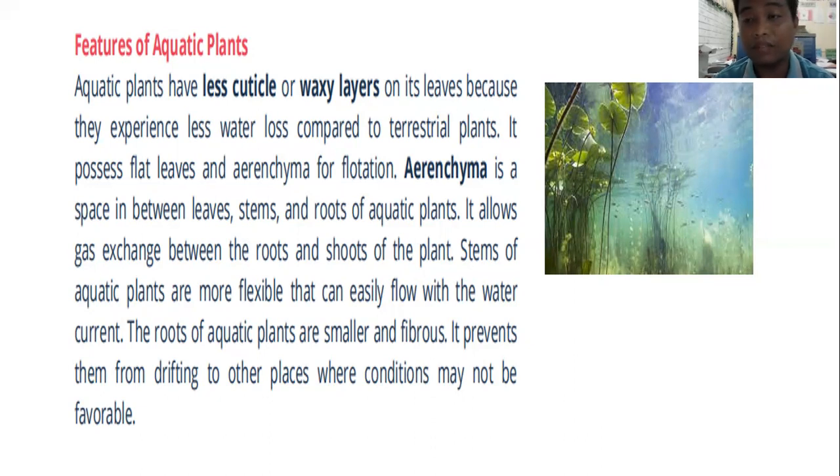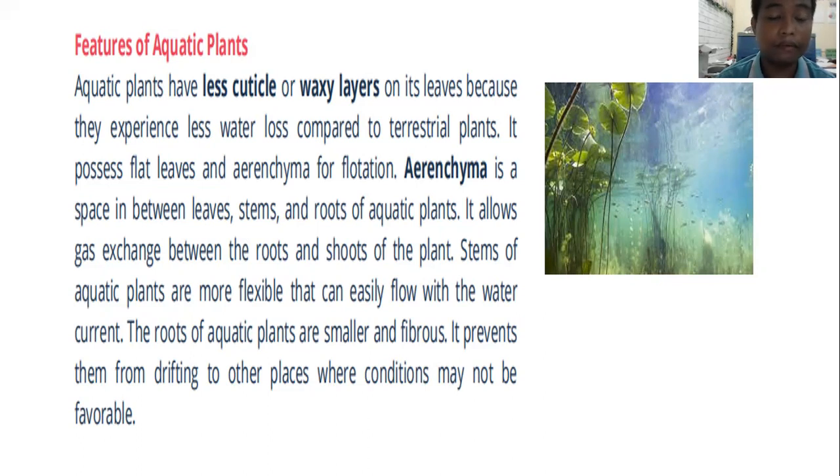So that is one of the reasons why these aquatic plants can survive sa tubig. Okay, the roots of aquatic plants are smaller and fibrous, gagmay na fibrous. It prevents them from drifting to other places where conditions may not be favorable.